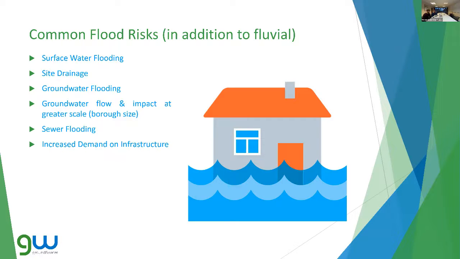So you have sewer flooding, groundwater flooding, surface water flooding, all of those combined together. You have those critical drainage areas, local flood risk zones, which you didn't have in the past, which are increasingly going to be a major issue in the next decades.